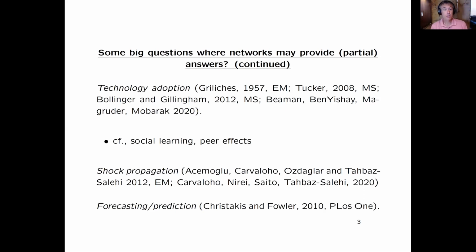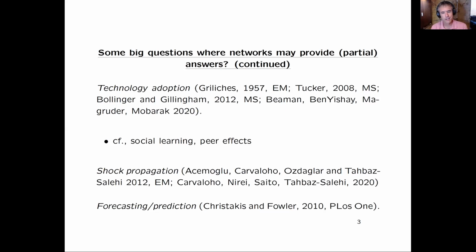Another area where there's been a lot of work recently, and also historically, going back to Leontief, is understanding shock propagation and how a shock percolates through a network, connecting micro level shocks to aggregate macro outcomes. And then another quite interesting area that maybe I'll specifically mention, this one paper by Nicholas Christakis and Fowler, has to do with forecasting.